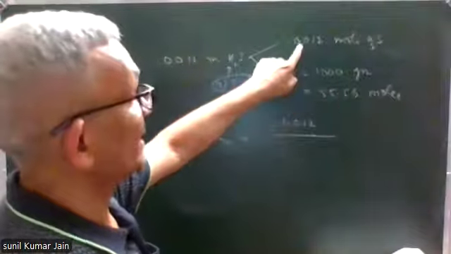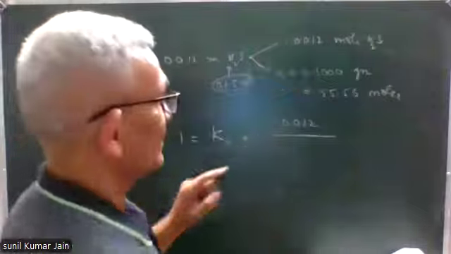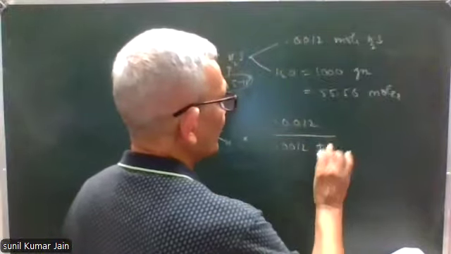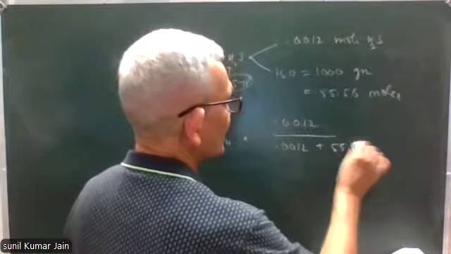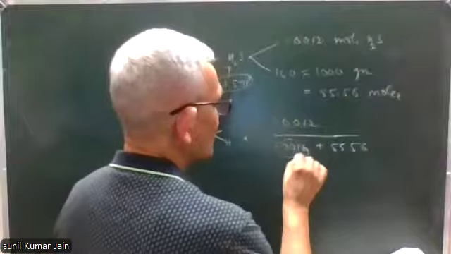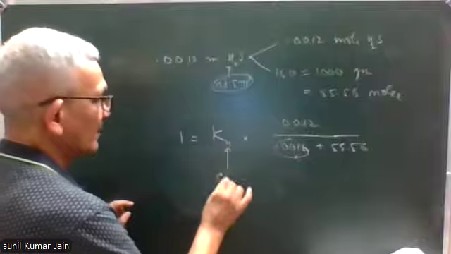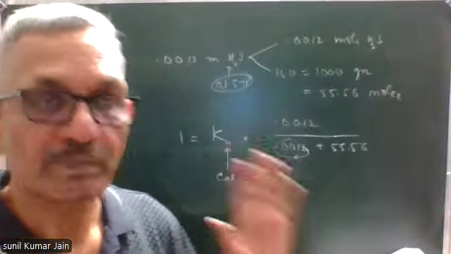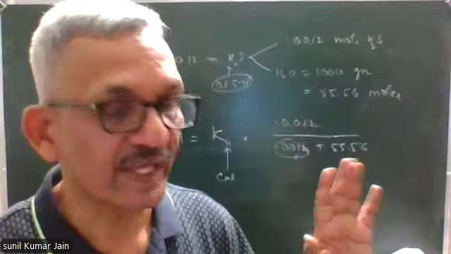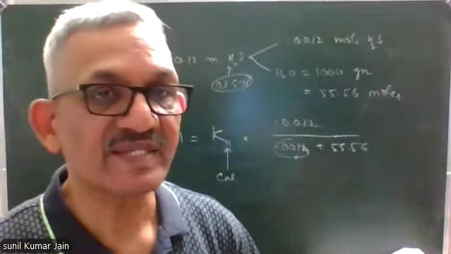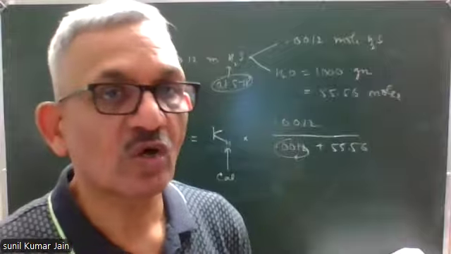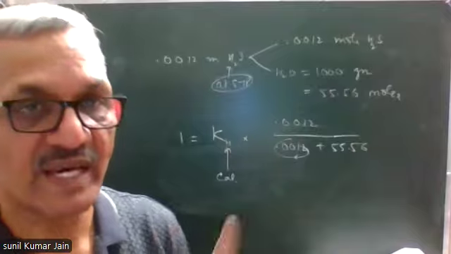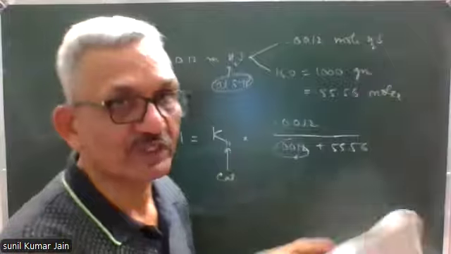Now you can neglect this and then calculate. I'm writing 0.0012 plus 55.56. This you can neglect and calculate. This answer will come in atmospheres. You can leave the answer as such in atmospheres, or you divide by 1000, you'll get the answer in kilo atmospheres as given in the worksheet.